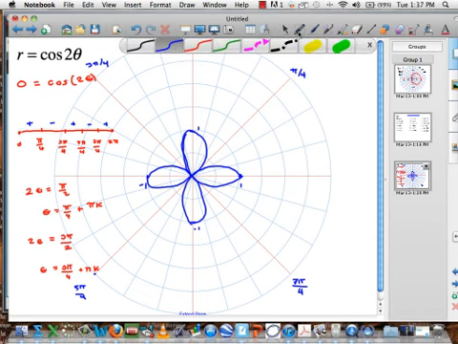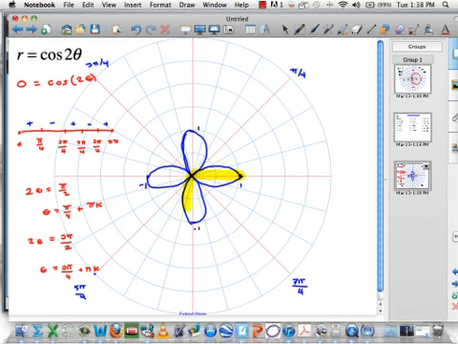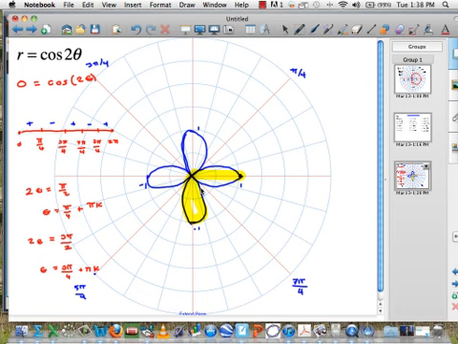Let me trace that out again with the highlighter in case I miswrote there. We started off here, and then we came down through here, which was my values between pi over 4 and 3 pi over 4. Then between 3 pi over 4 and 5 pi over 4, I needed positive r values, so that was this petal here.